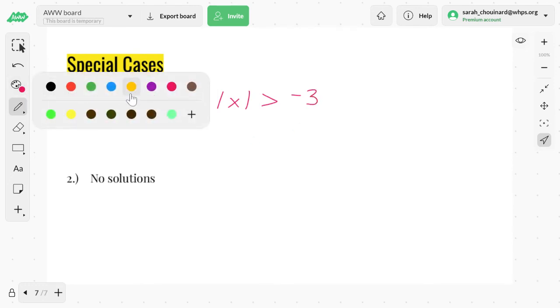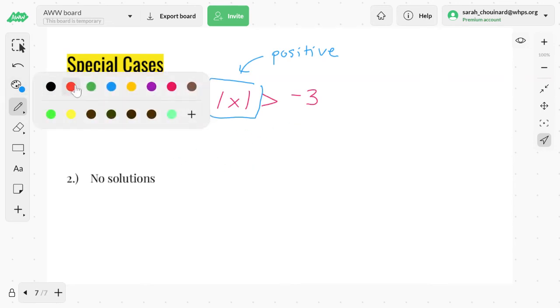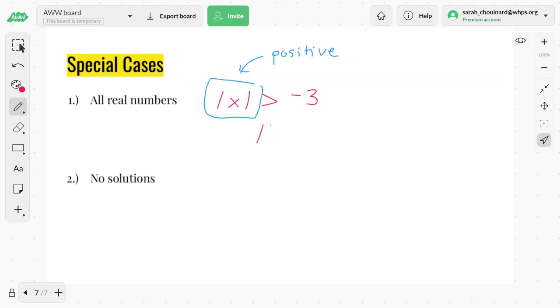Because if you think about it, what kind of number is an absolute value? An absolute value is positive. So essentially what this statement's saying is that a positive number is greater than a negative number, which is always true. So since this is a true statement, it's all real numbers.